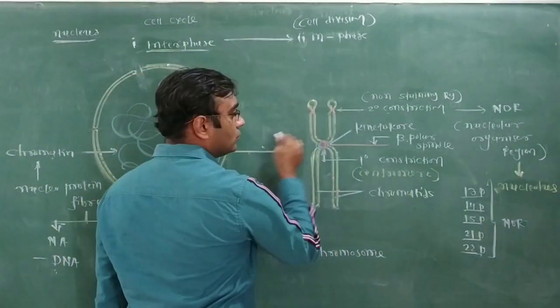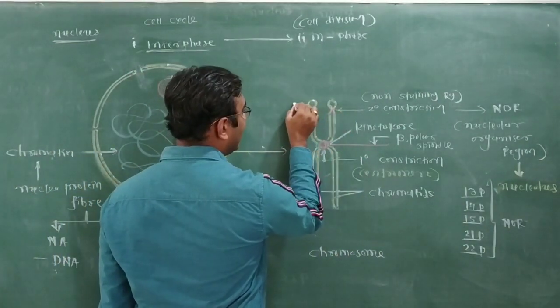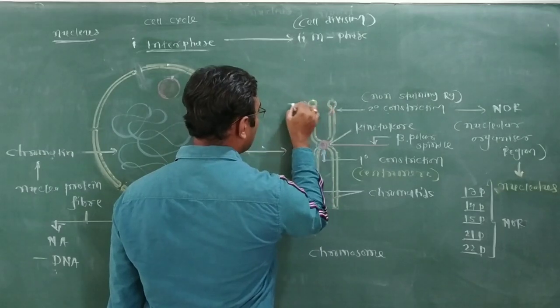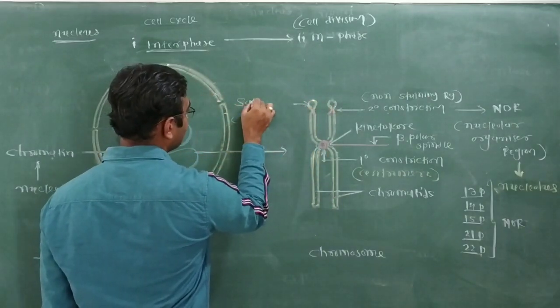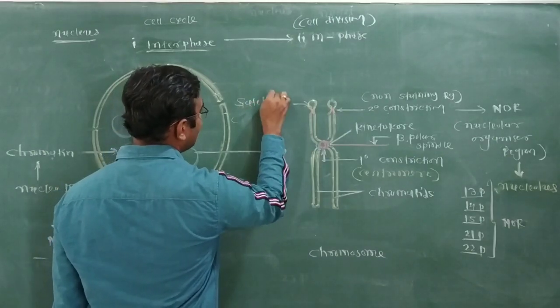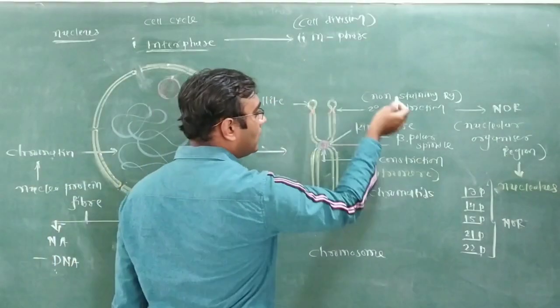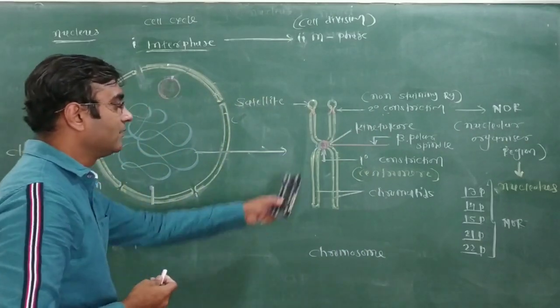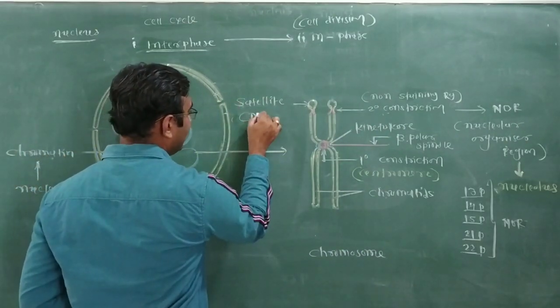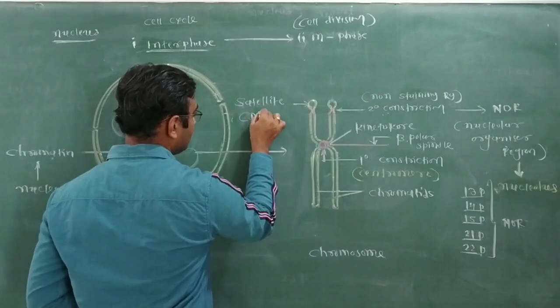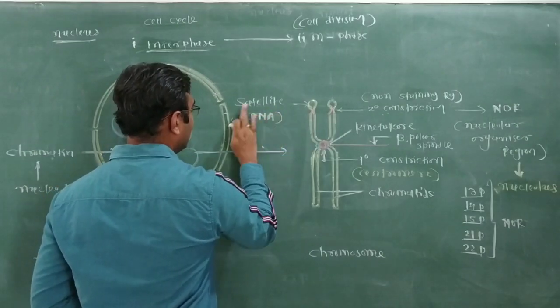Over and above the secondary constriction, one fragment is present in the structure of the chromosome, called the satellite. What is the satellite? The region beyond the secondary constriction is the satellite, and it has a specific DNA. Which specific DNA?